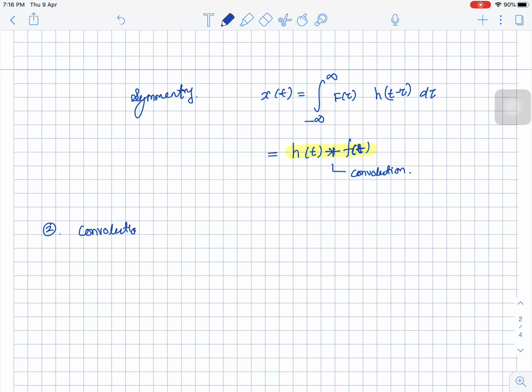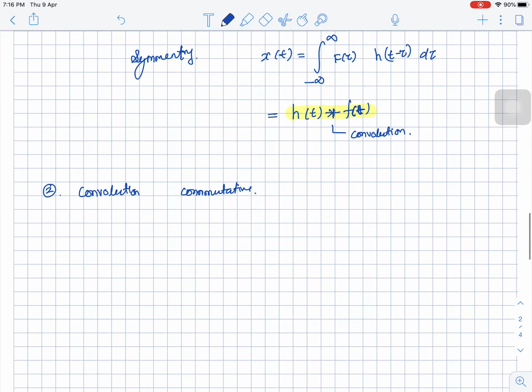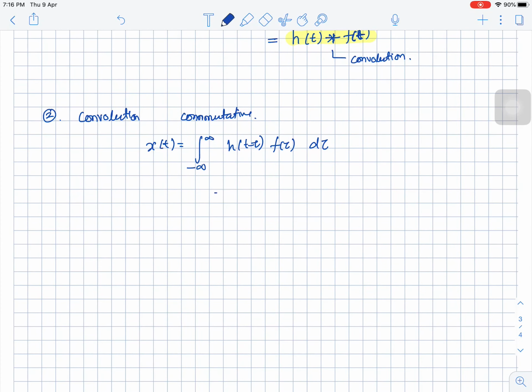The second point is that the convolution has the property of being commutative. It's mathematics. I'm writing this response as the integral of h of t minus tau f of tau d tau. I'm doing a change of variable, u equals t minus tau, and taking the derivative, where t is constant and tau is the variable in this integral. So d u equals minus d tau.